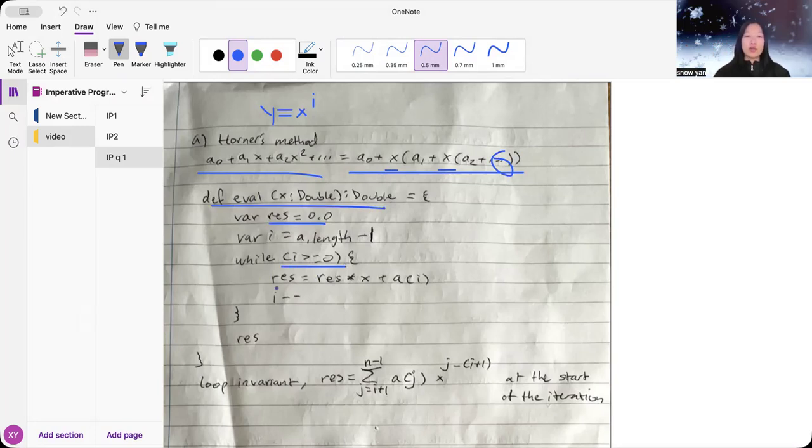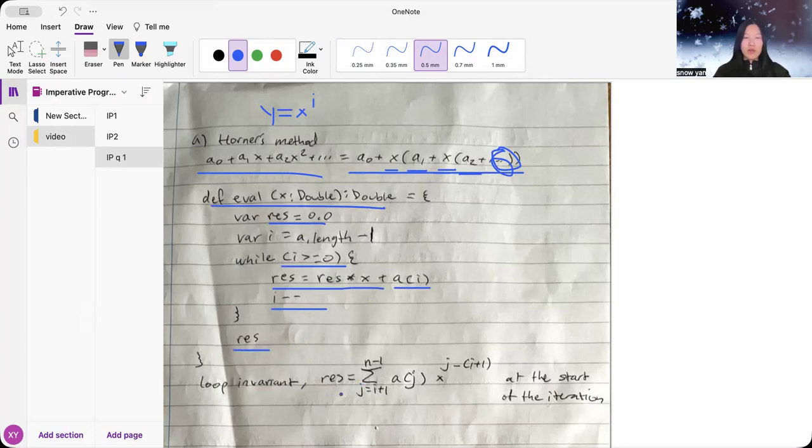While that holds, we do result equals result times x plus a of i, just taking the previous result times x plus that term. Then we decrease i by 1 so that eventually i becomes negative and the loop ends. And at the end we return the result.